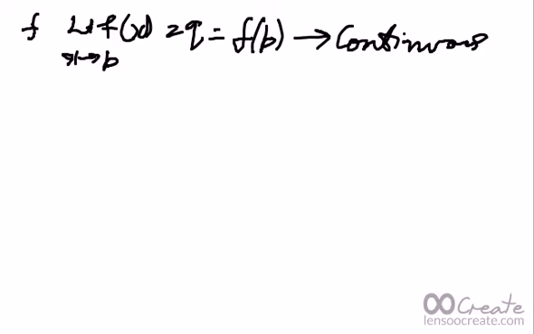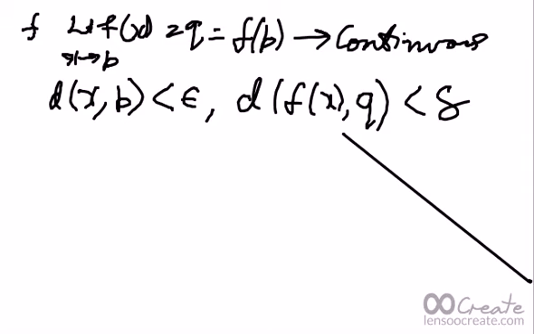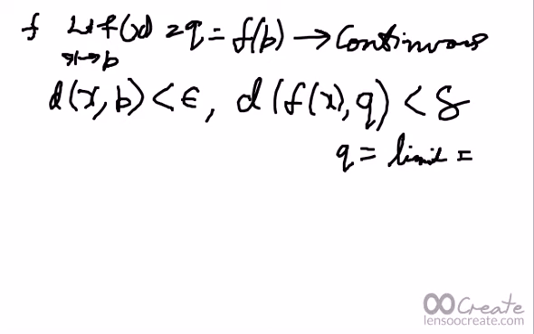We also studied an alternate form of this: whenever the distance of x from p, x being any point belonging to the domain of f, is less than epsilon, then there exists some delta such that the distance of f(x) from q is less than delta, where q is called the limit of f(x) as x tends to p.